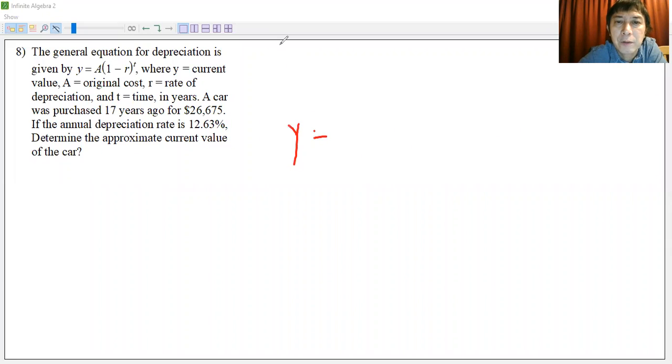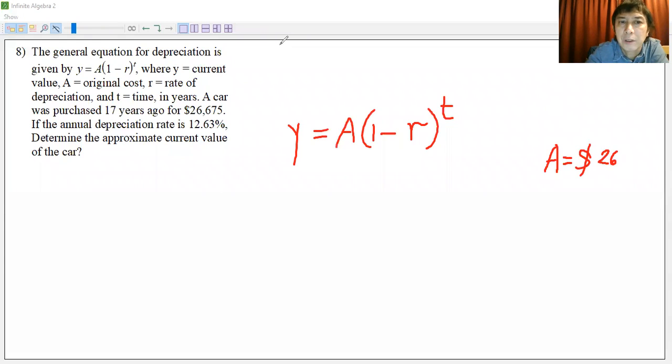So we have Y is equal to the initial cost A times the quantity 1 minus the rate of depreciation R raised to time in years. The question is, determine the approximate current value of the car after 17 years. So the original amount A is in dollars, 26,675. There. All right.